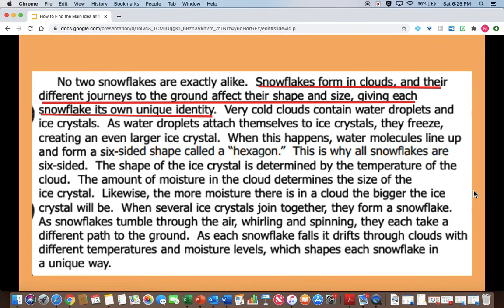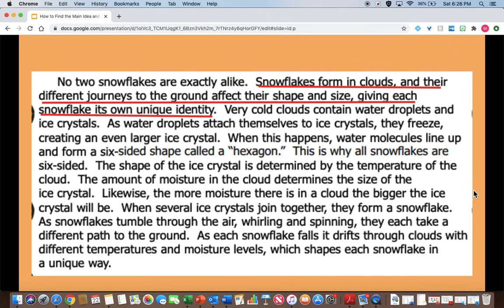And I found that this was the main idea: Snowflakes form in clouds, and their different journeys to the ground affect their shape and size, giving each snowflake its own unique identity. So the main idea of this paragraph is talking about how snowflakes get their unique shape and identity. And then I had to find details that supported that the process of making a snowflake helps it create its own identity.